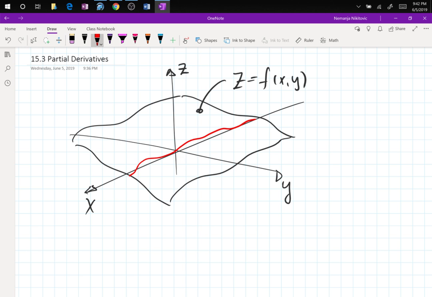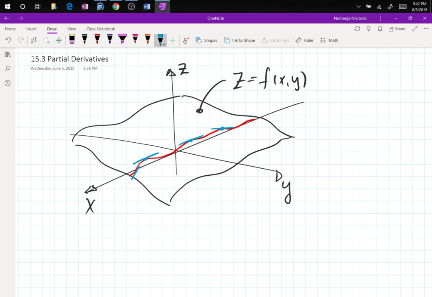Now that curve is going to have tangent lines, and the partial derivative in the x direction is going to calculate the function that will give us all of the tangent lines along this x-axis. So tangent line at this point, tangent line at this point, tangent line at this point, tangent line at this point.